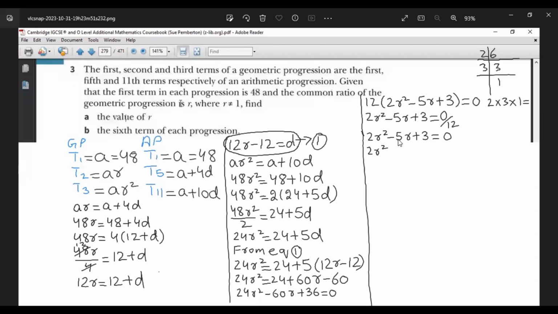So what will I do? I will take it as 2 into 3. Okay. If I add them, 2 plus 3, I will get 5. And if I multiply them, 2 into 3, I will get 6 over here. Okay. This is the working of middle term breaking I have shown over here.